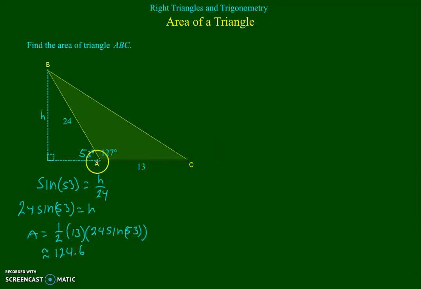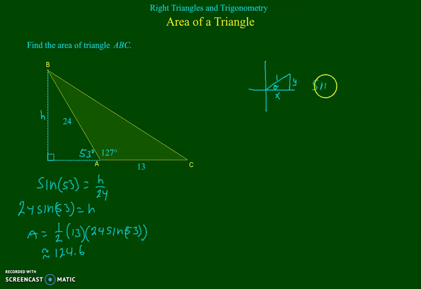Now there's another way to do this. Notice that these two angles are supplements of each other. And if we take a look at what sine actually is, the sine of an angle is the y value. If this was our angle, and let's just say that the length of this hypotenuse is 1, and we were looking at this y value and this x value, we would have SOH CAH TOA.